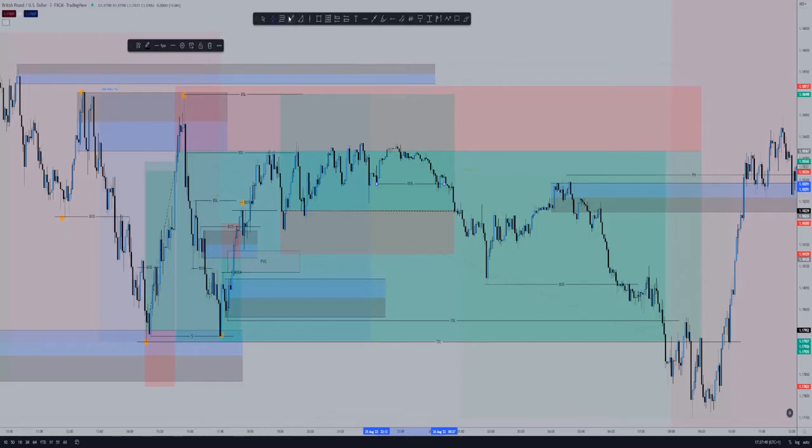So we had a break of structure, and we also had a, oh yeah, I suppose that's your change of character actually, and this is your break of structure really, because the other one's not quite valid structure.